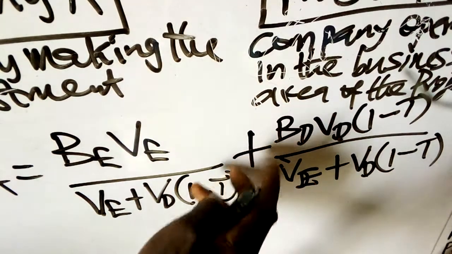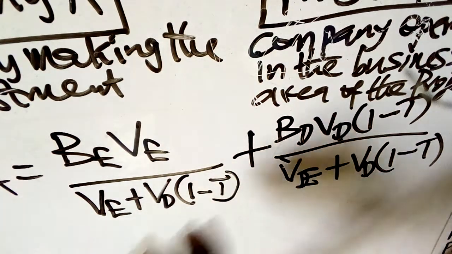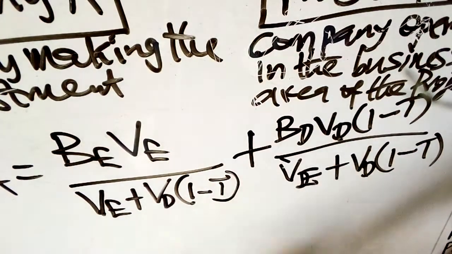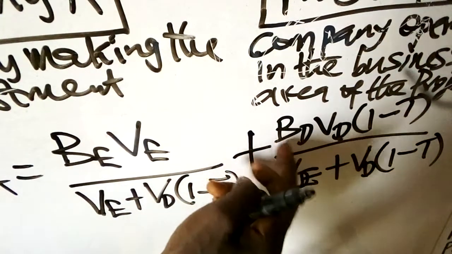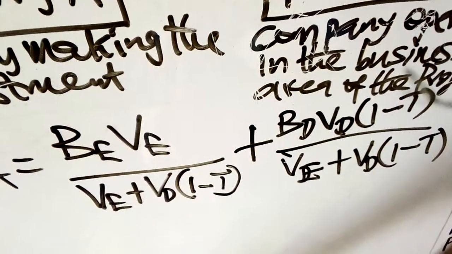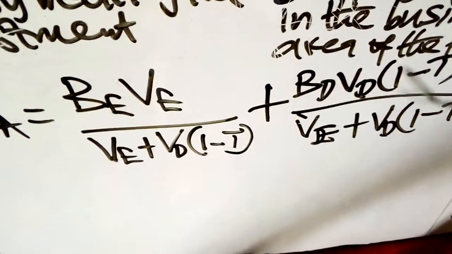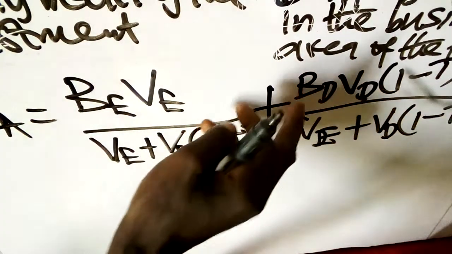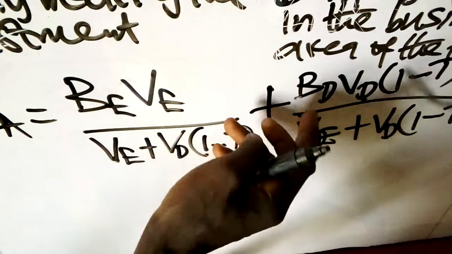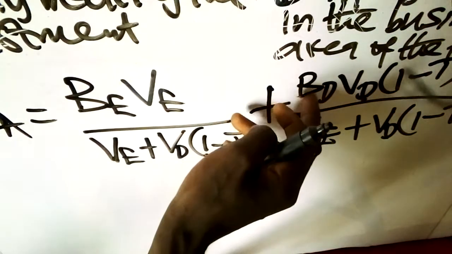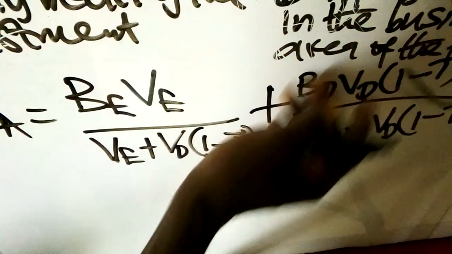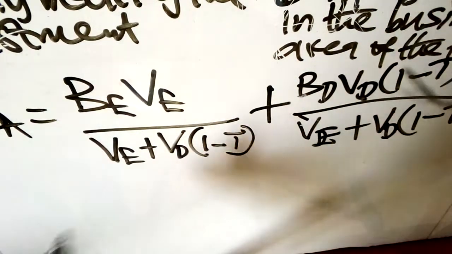But debt may be assumed to be risk-free. Where debt is risk-free, the beta of debt will be assumed to be 0. So you always assume it is risk-free where it is not given, because it is close to 0. But where it is given, you are going to use the full formula. But where beta of debt is not given, then you take this to be 0. If beta of debt is 0 multiplied by all these parameters, then everything here becomes 0, and you'll be left with this.